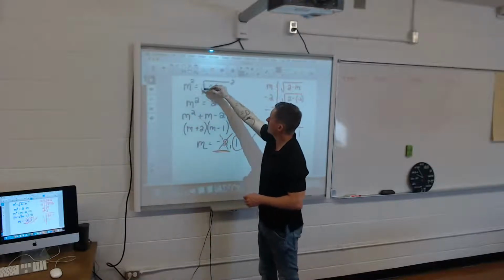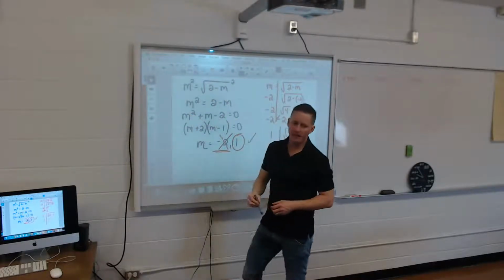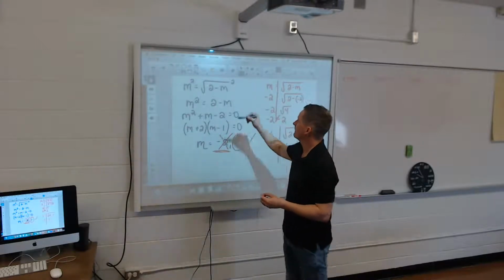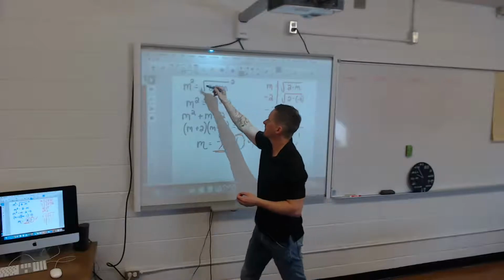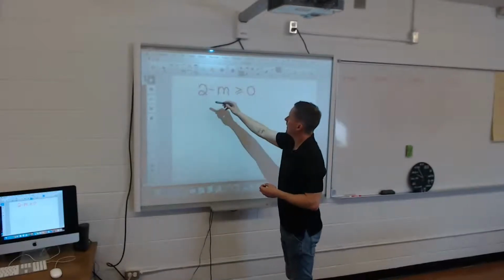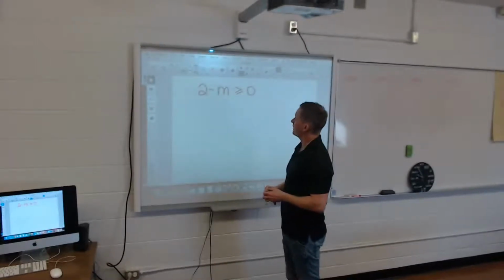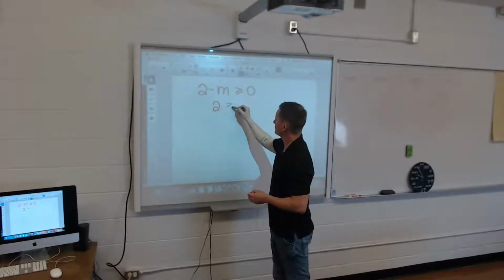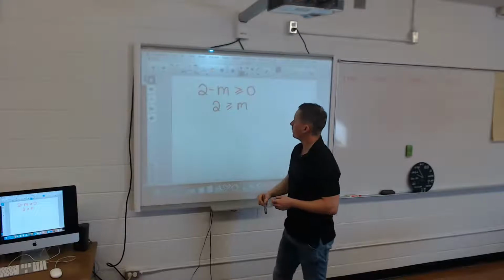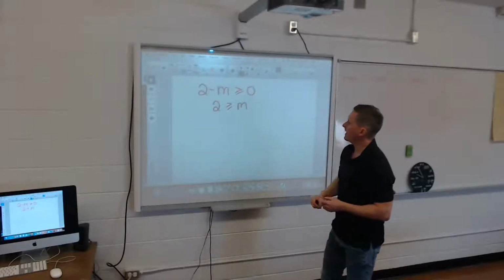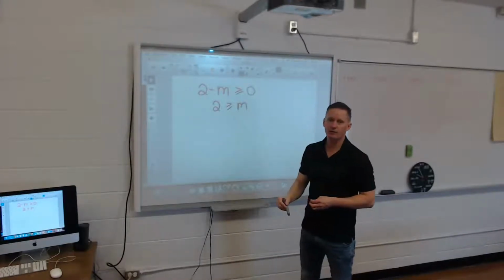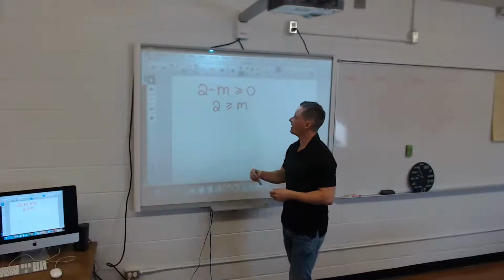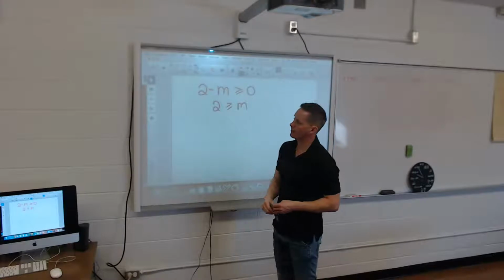Okay, so if I'm looking at this square root of 2 subtract m, I know that my value has to be greater than 0 in that. So I go 2 minus m is greater than 0. I'm going to add m to this side. In order for this to work, my m value has to be less than or equal to 2. Okay? It may not work all the time, but that is my restriction on my m.